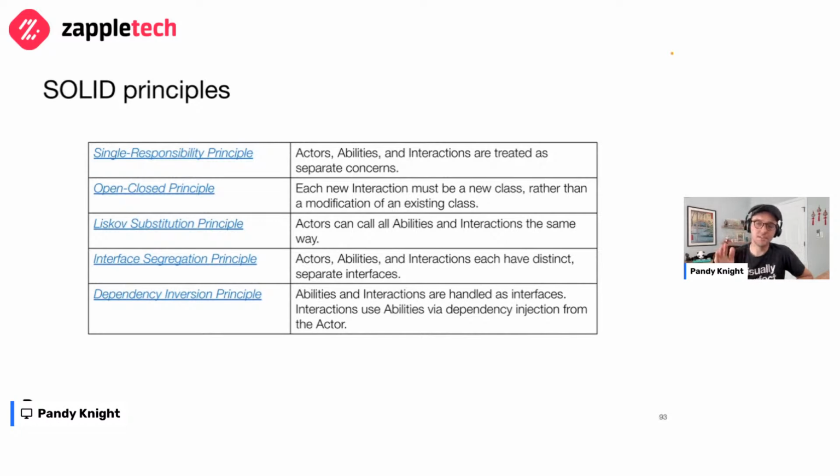Now, I won't go into detail about each of these principles because that information is pretty dense. But if you're interested, take a quick snapshot of this table here and check out each of these principles later. Wikipedia is actually a pretty good source. You'll find that the Screenplay pattern follows each of these quite nicely.